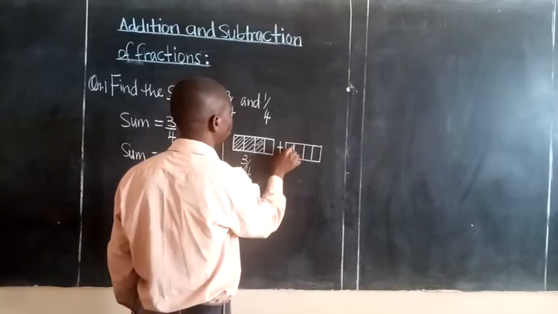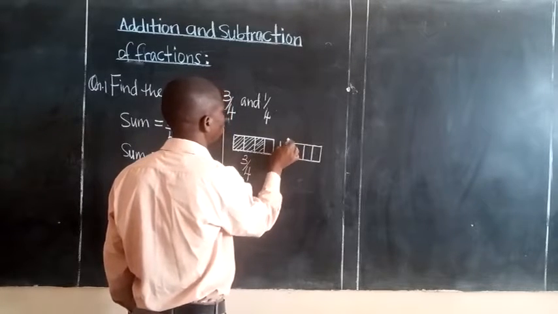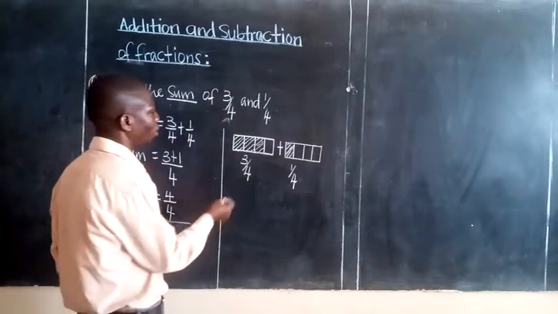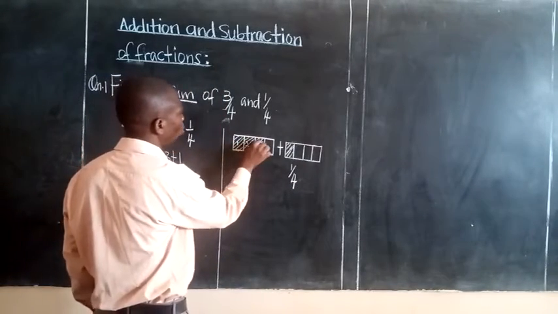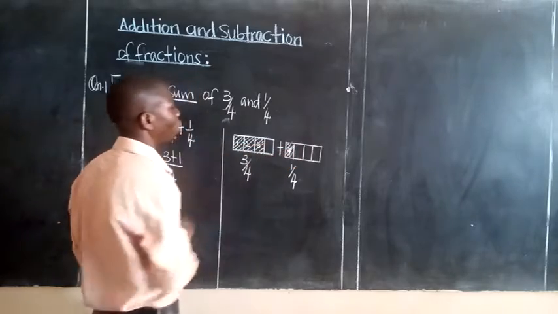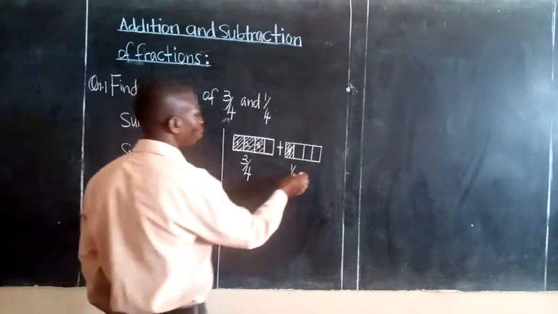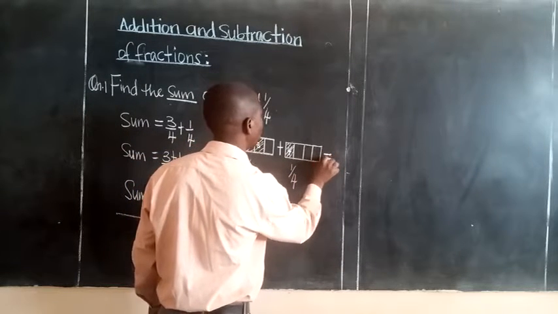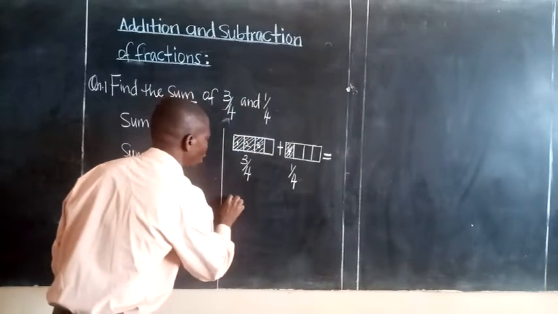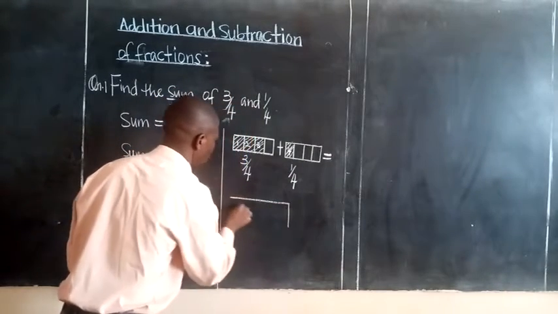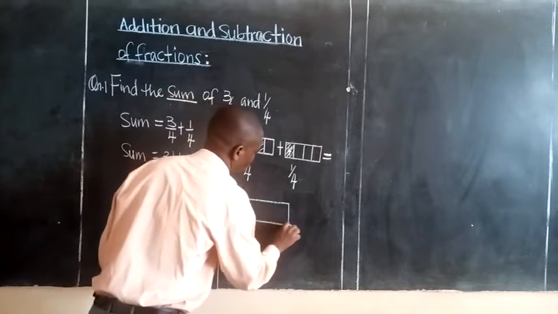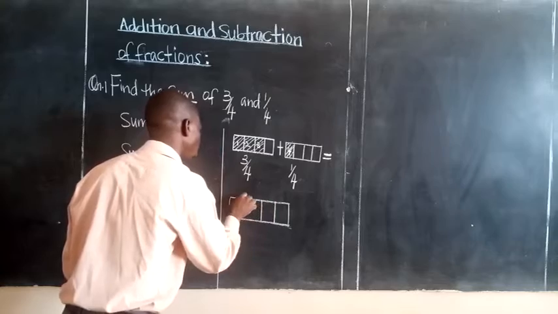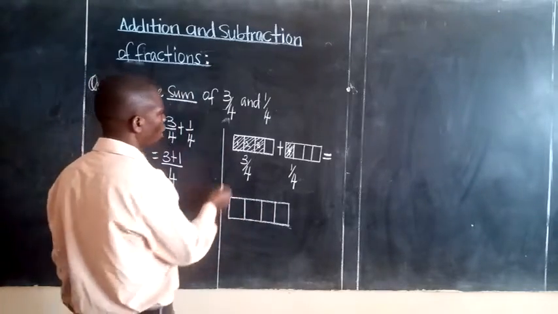We are shading 1. So this is 1 out of 4. When we combine these ones, we shall have 1, 2, 3, 4 shaded parts. So our answer therefore is going to be, let's put our answer down here. We shall have the 3 parts.